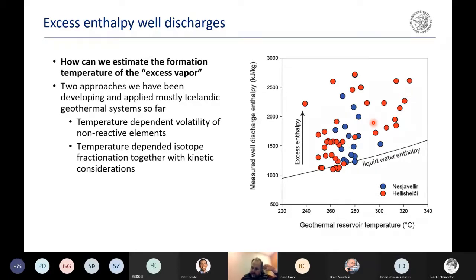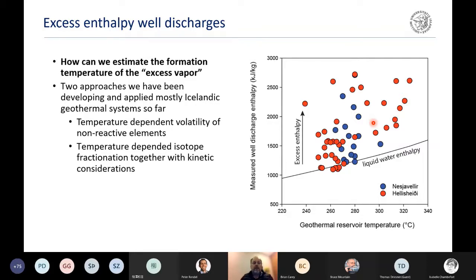The first one is to look at the temperature-dependent volatility of non-reactive elements. This sounds a little bit strange to many of you, but it's nothing to do with equilibrium like most of these geothermometers are about. They are temperature-dependent thermodynamic equilibria between a solid and a solute.